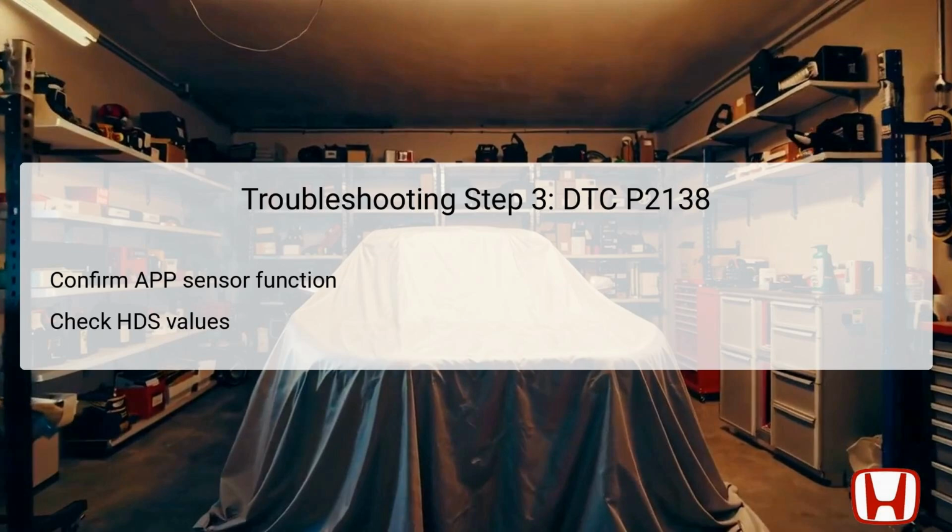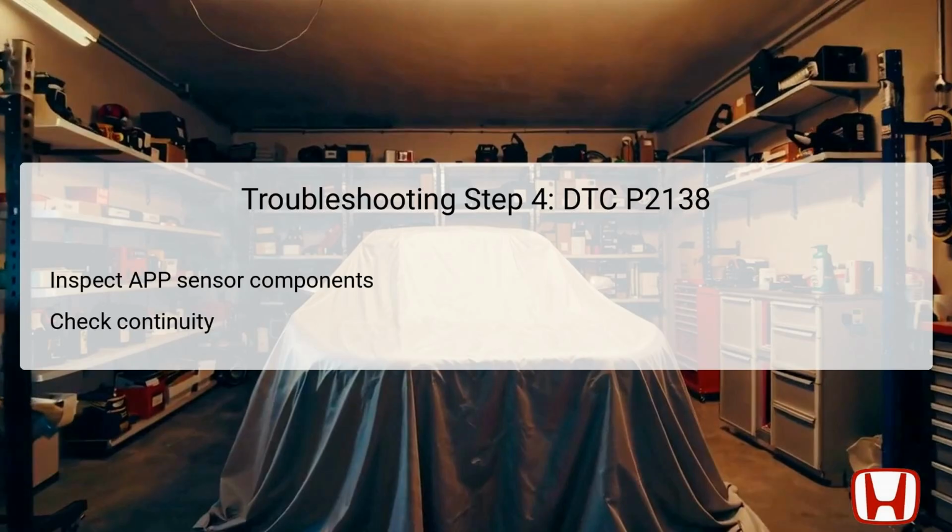Ideally, APP sensor A's reading should be approximately twice that of APP sensor B. If the values do not align with this expectation, it indicates a problem with the sensor, potentially necessitating replacement. Consistent readings are critical for the vehicle's acceleration performance, and any abnormalities should prompt further investigation.